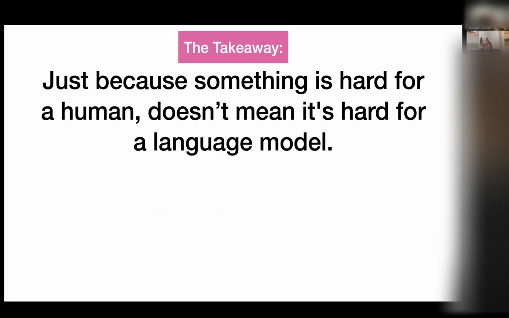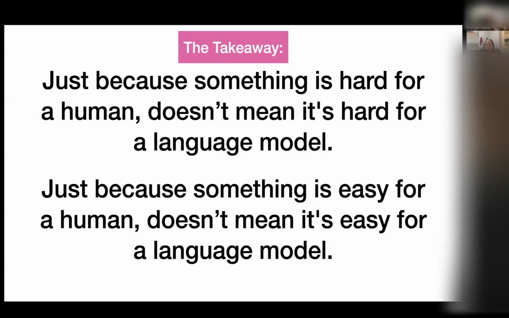Okay, I'm going to talk about the takeaway, and then we're going to have questions, answers, etc. My big takeaway here is that just because something is hard for a human doesn't mean it's hard for a language model. And just because something is easy for a human doesn't mean that it's easy for a language model. They are not like humans. They behave very differently from humans.